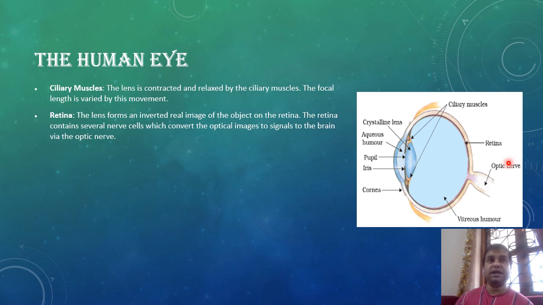The brain can read electrical messages, not optical images. So the message is sent through the optic nerve to the brain, and when it does that, the brain interprets it accordingly and associates the particular image with the information that it has acquired over the past, or based on its history.